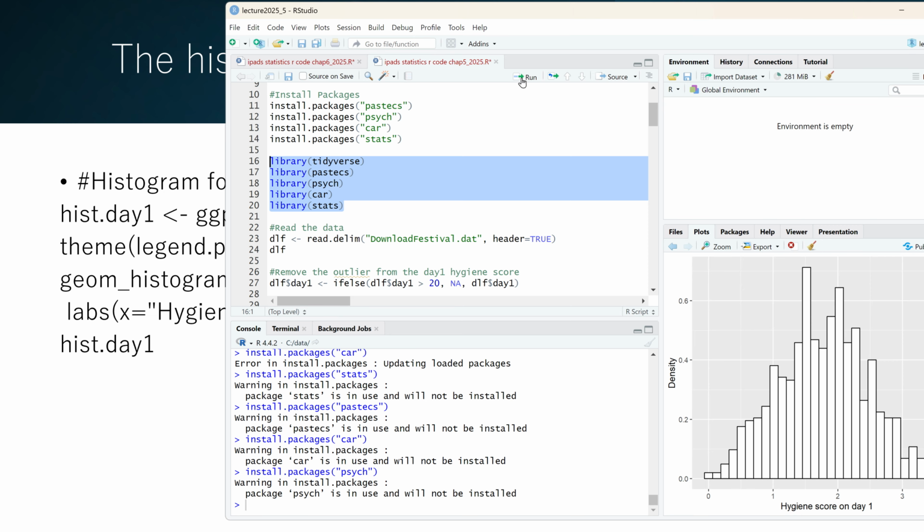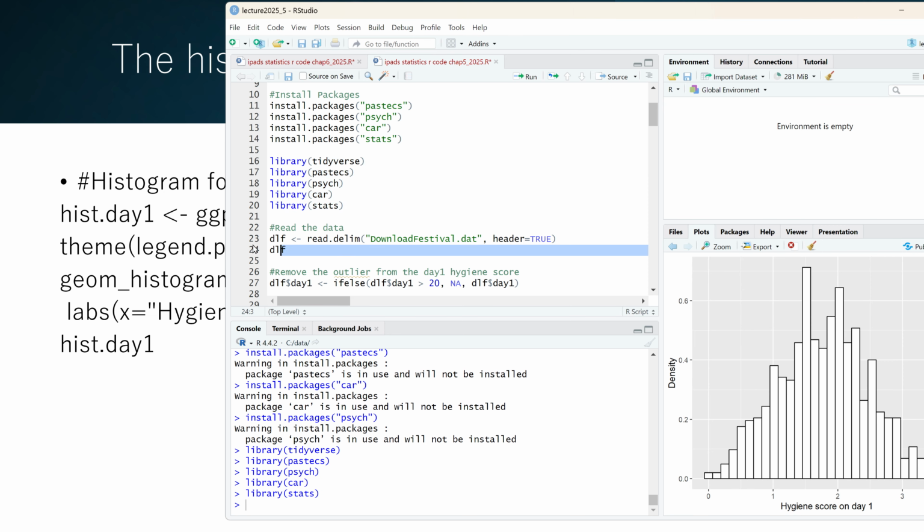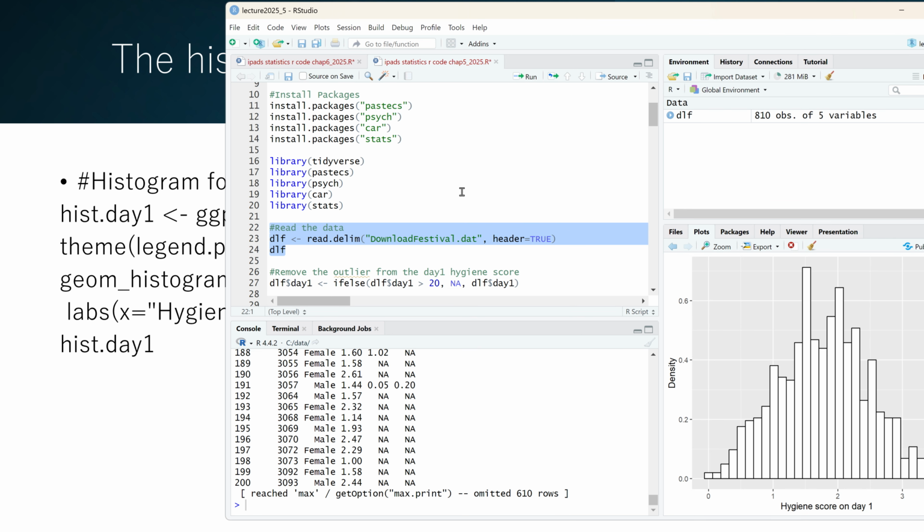And load the libraries. Then we can use these graphic packages and statistical analysis packages. And firstly, we need to read the dataset like this.